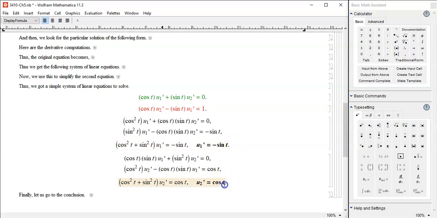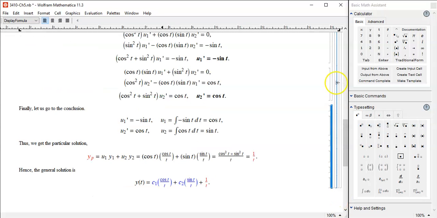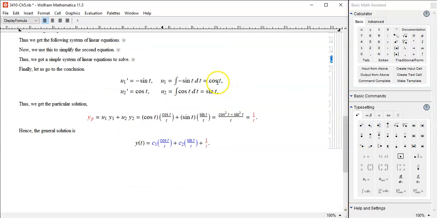u1 prime, u2 prime. Therefore, upon taking antiderivative, you get u1 is cosine, u2 is sine. Whew, almost there. So, u1 is cosine, u2 is sine. Okay, let's put those in. Cosine times y1, sine times y2. And let's simplify.